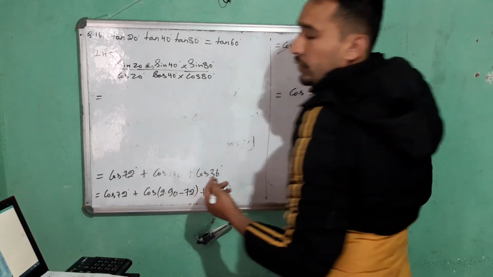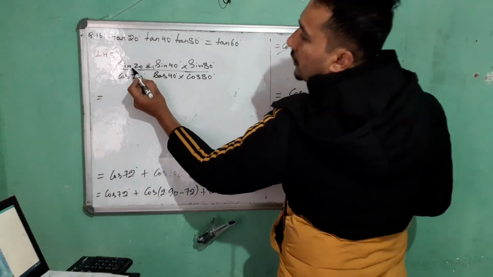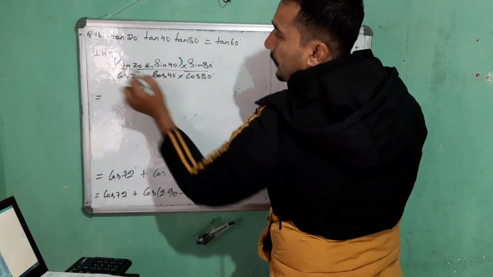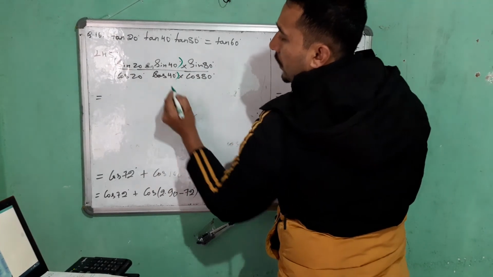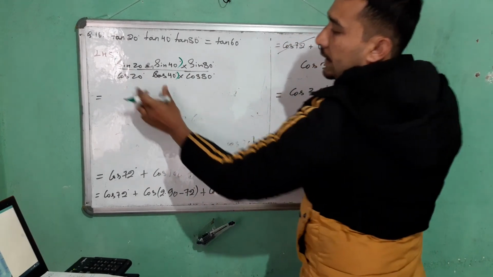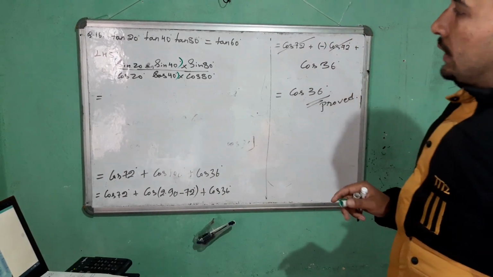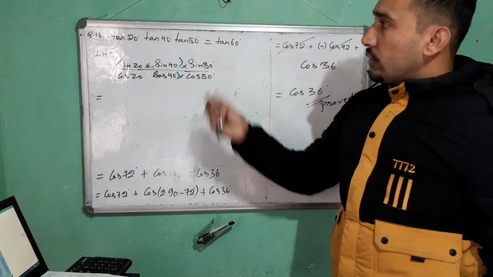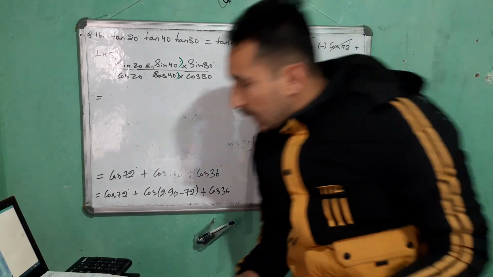From here you follow the same process. First of all, make this pair and simplify, and from the denominator make this pair and then simplify. After that you open the bracket like I did in the previous question, and then you solve it. This is your home task.